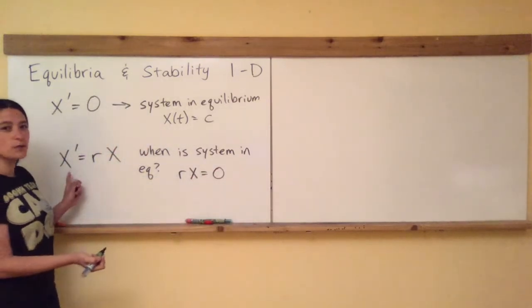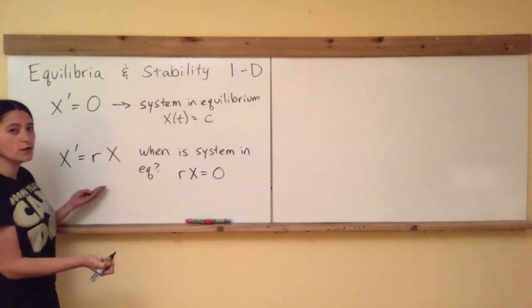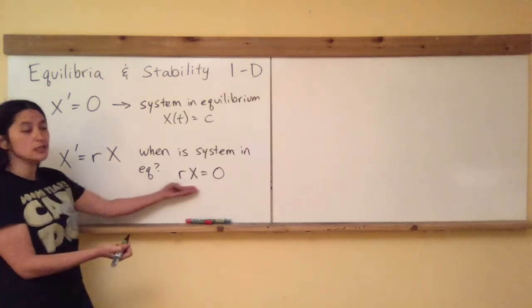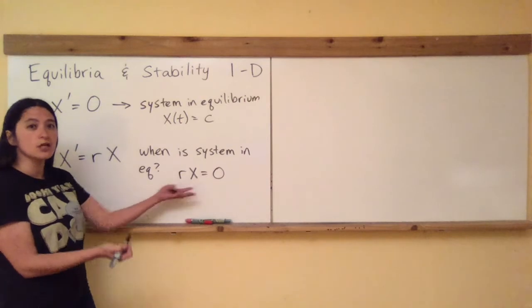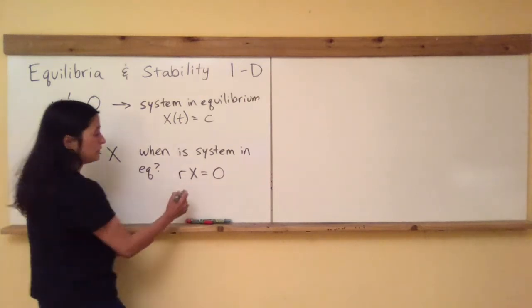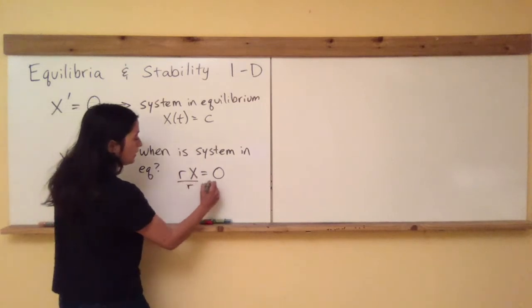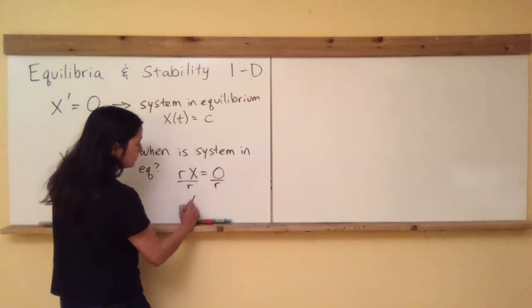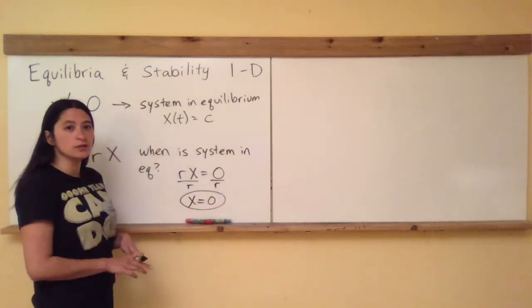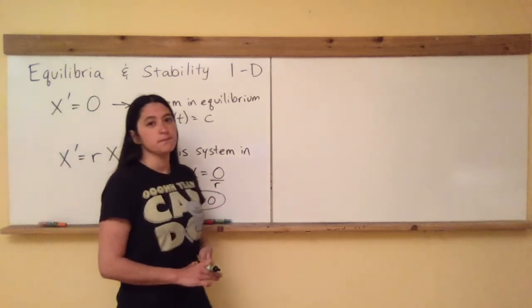If we solve for where x prime is equal to 0, so we set whatever's on the right-hand side as a function of x equal to 0 and solve that for x, those are going to be the equilibrium points of the system. And so just dividing both sides by r gives me the conclusion that x equals 0 is the only equilibrium point of the system.